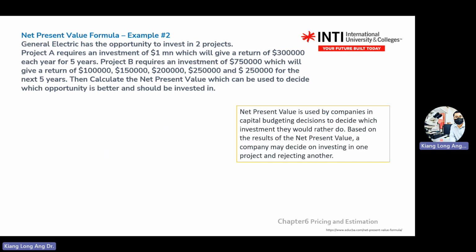So for project A, every year you have 300K, 300K, 300K, 300K, 300K.